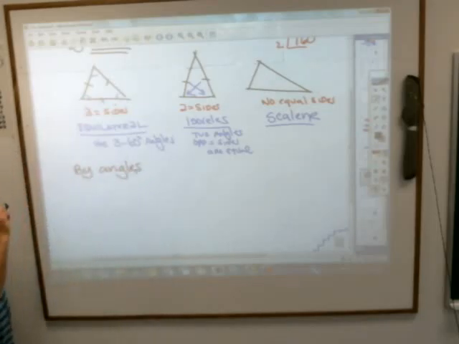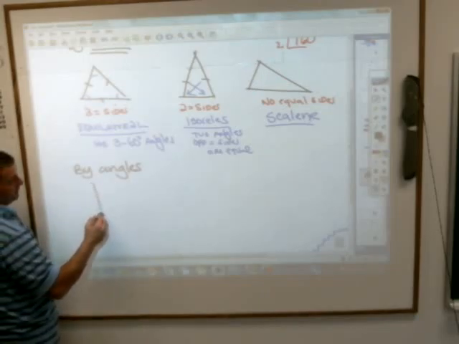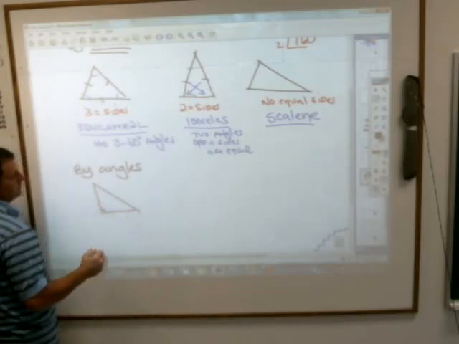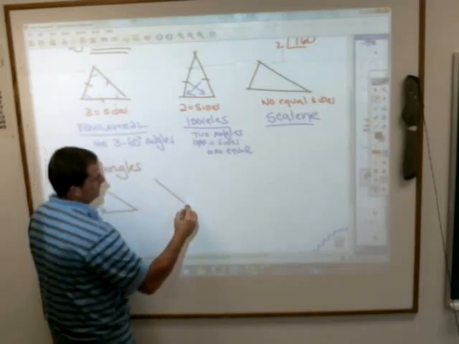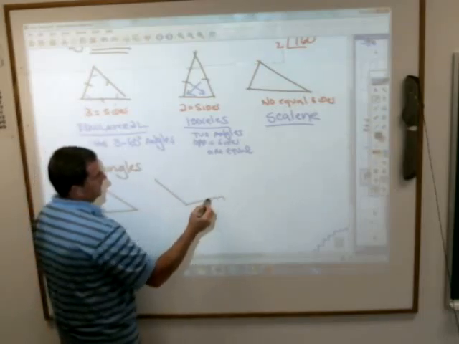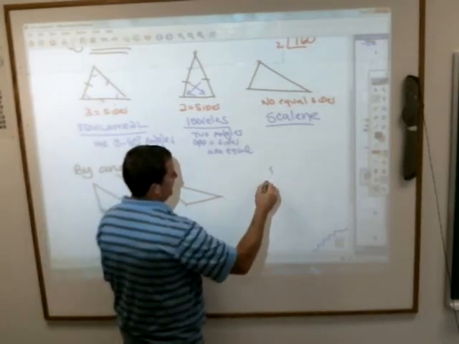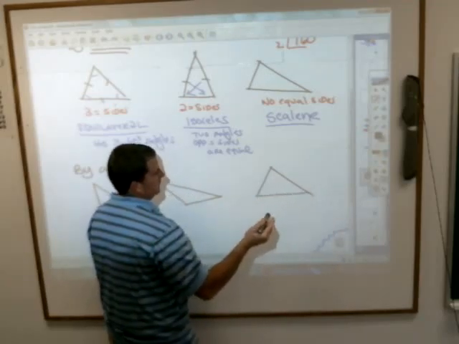We've got three choices by their angles. One is if the triangle happens to have a right angle in it. Another is if the triangle happens to have a really big angle in it. And the other is if the triangle happens to have smaller angles in it.